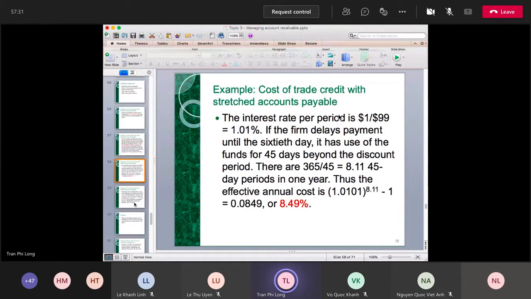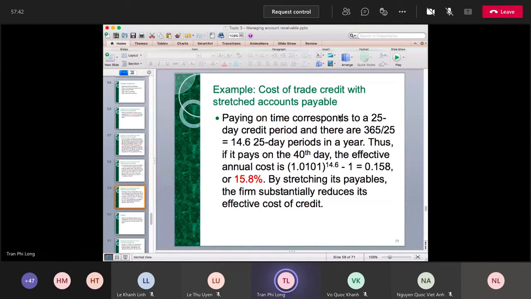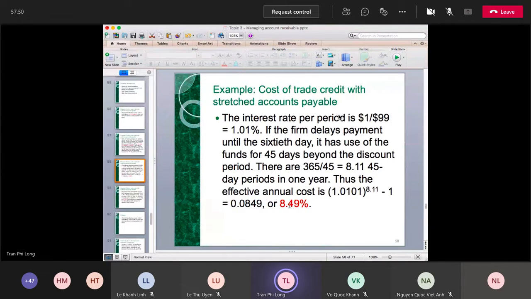So you can see that by extending the payment period, you can reduce the implicit cost of trade credit by half, from around 16% to around 8.5%. That's why in some situations the customer will ignore the late payment fee.